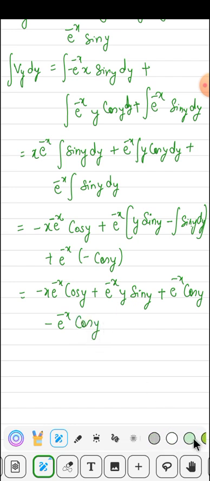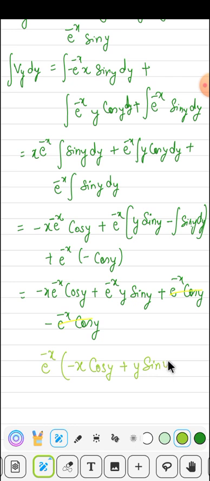Clearly I can see that this cancels with this, and we are left with e^(-x) common, minus x cos y plus y sin y, right?